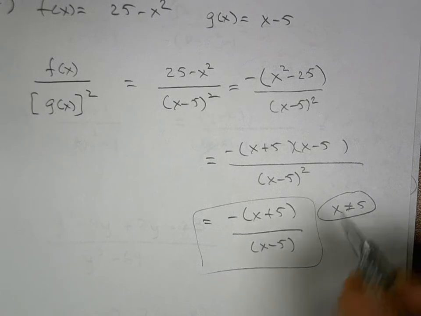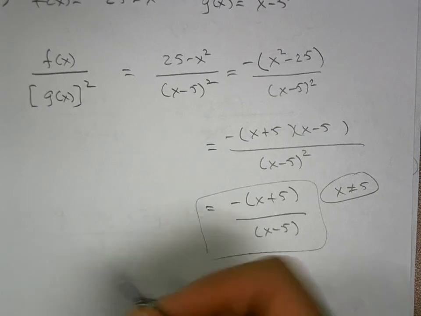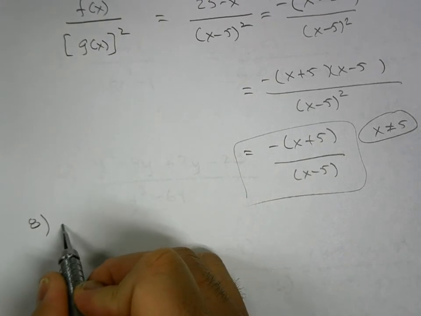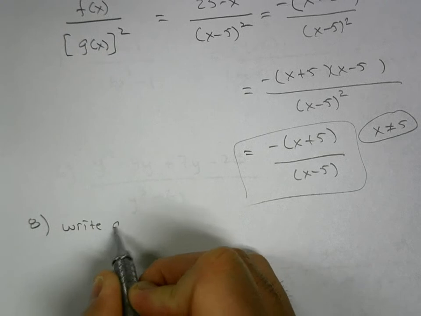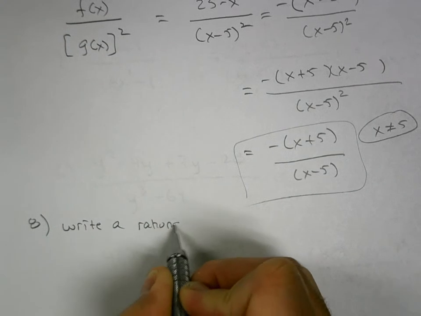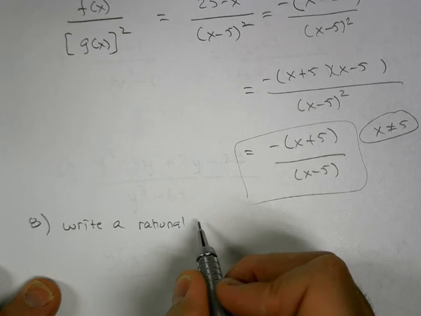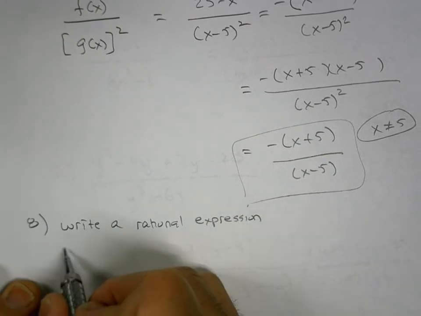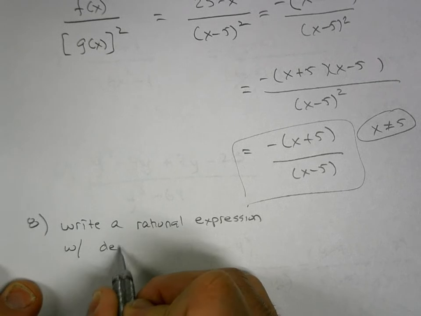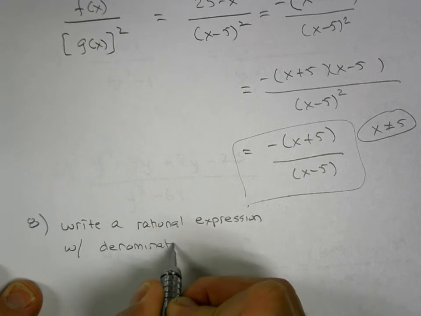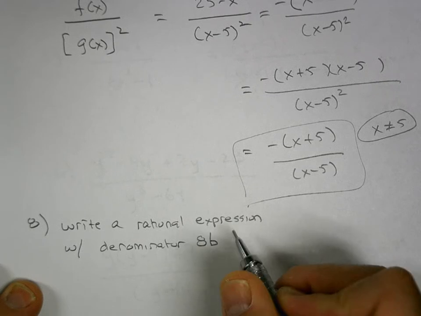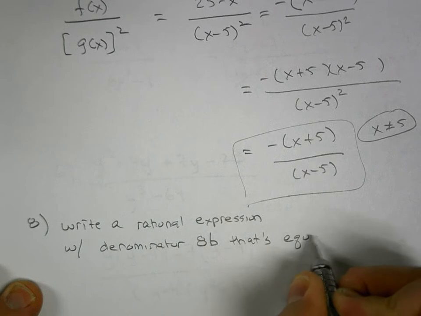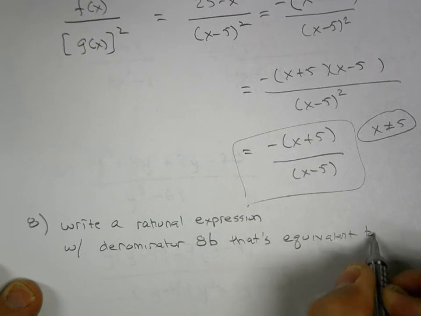Okay. Last one here. Number 8. Write a rational expression with denominator of 8b that is equivalent to, and we'll do a couple of these.